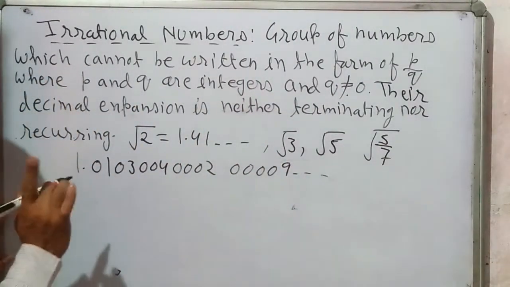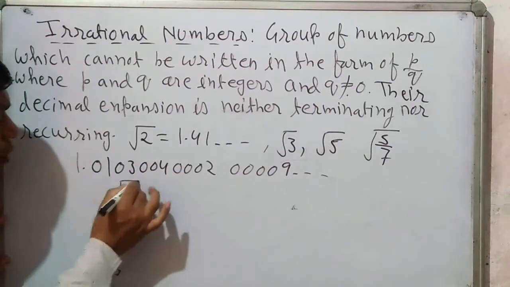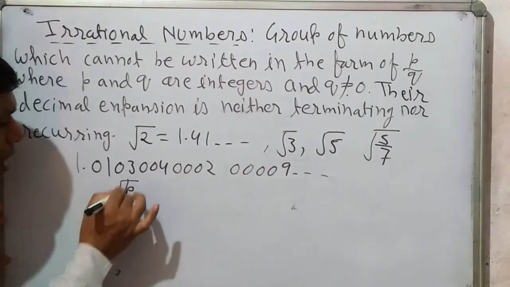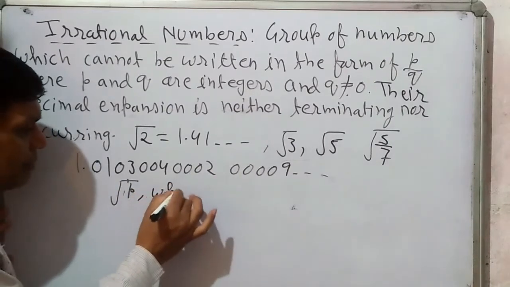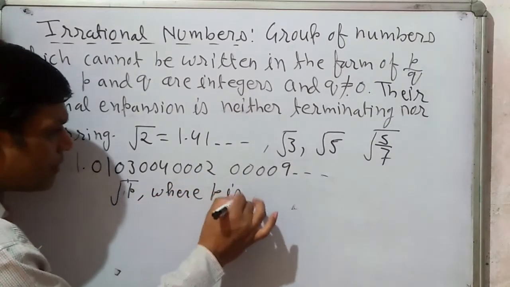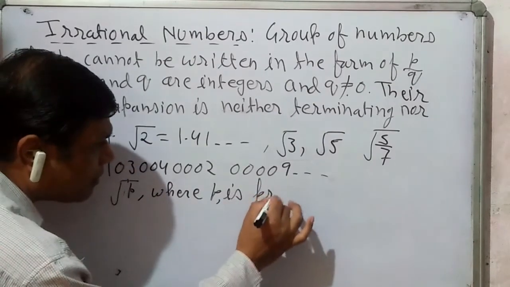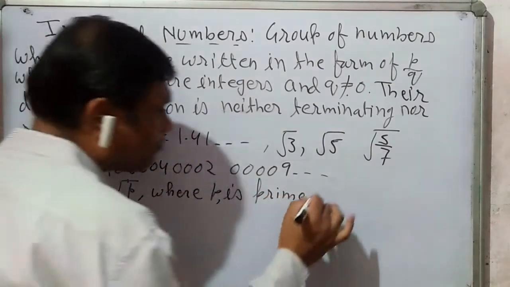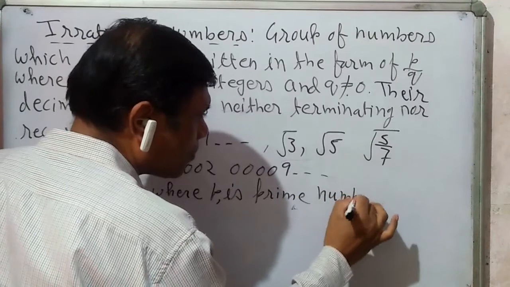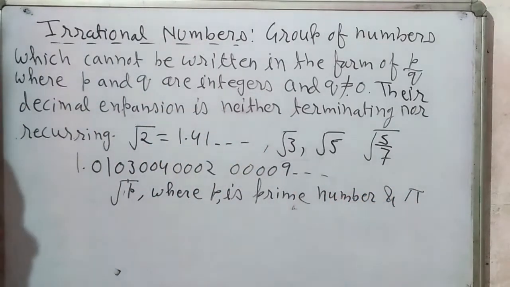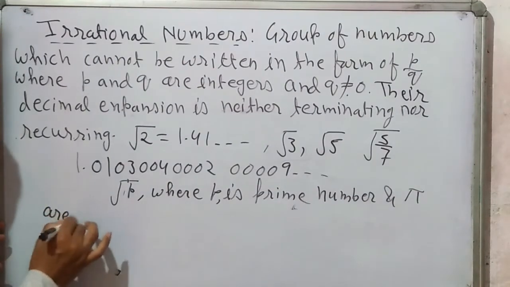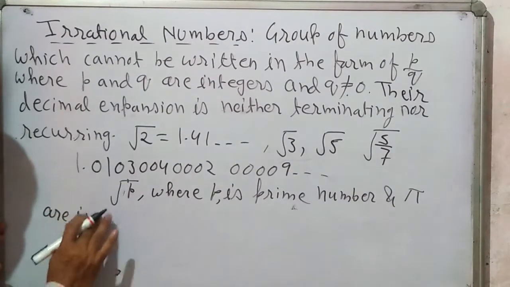In general, square root p, where p is a prime number, and pi are irrationals.